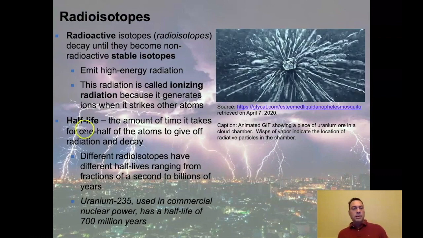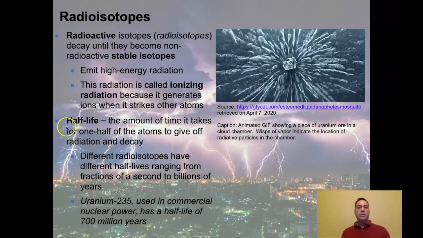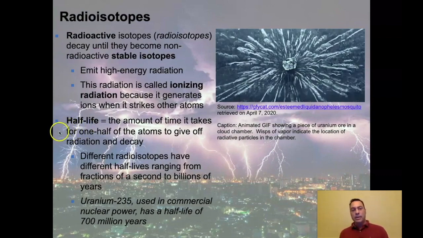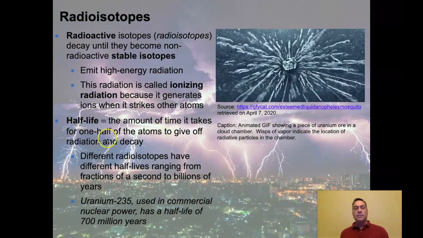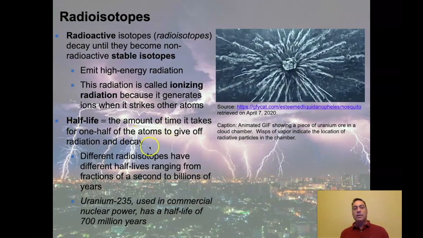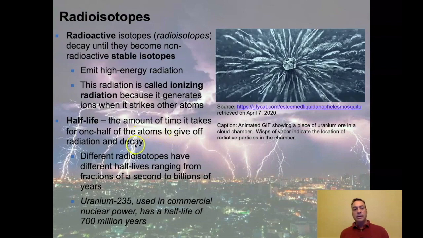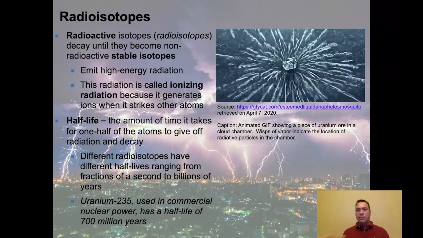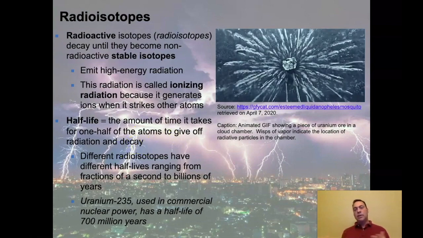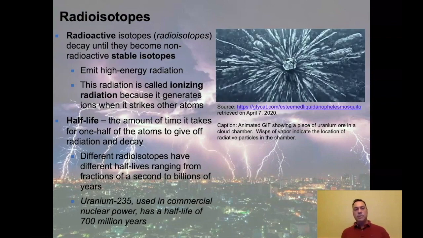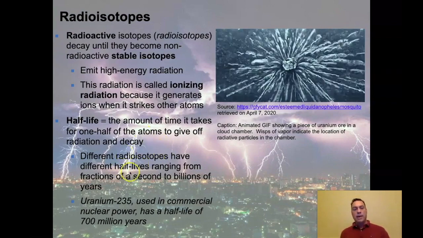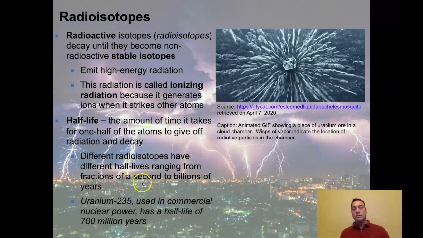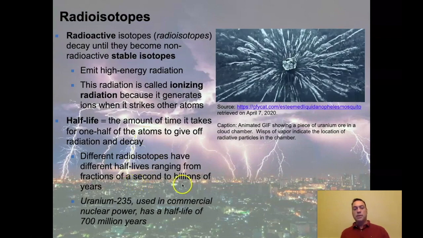This leads us to an interesting concept called half-life. A half-life is the amount of time it takes for half of the atoms to give off radiation and decay. Different elements have different half-lives, ranging from fractions of a second to billions of years.